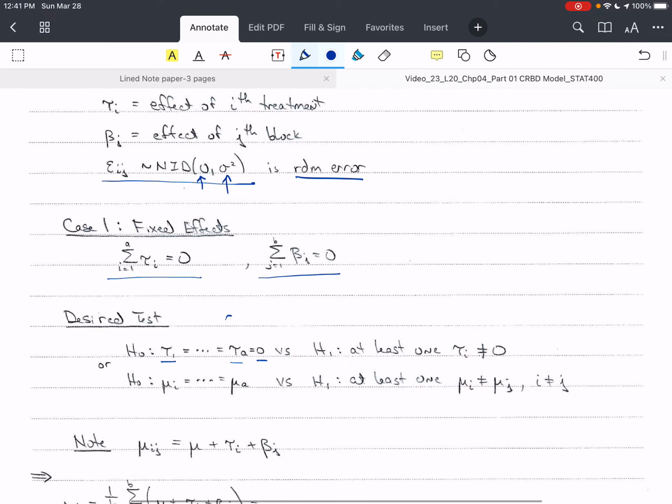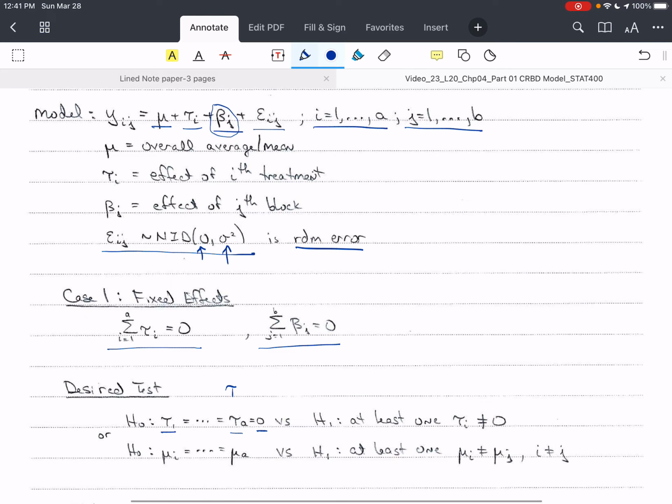Remember that tau i is different now. Mu i is going to be equal to tau i plus beta j plus mu. Okay?